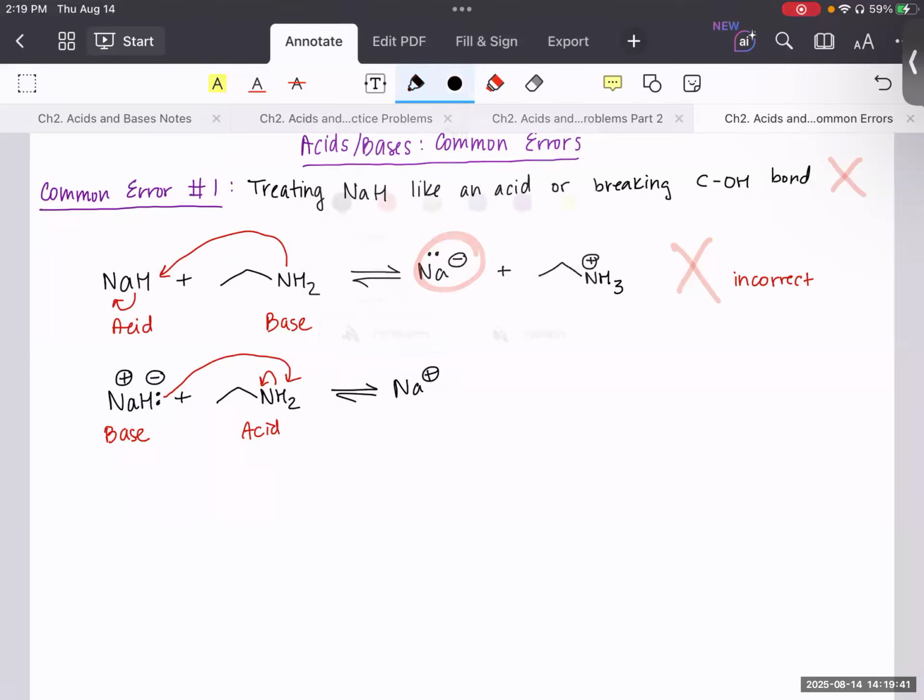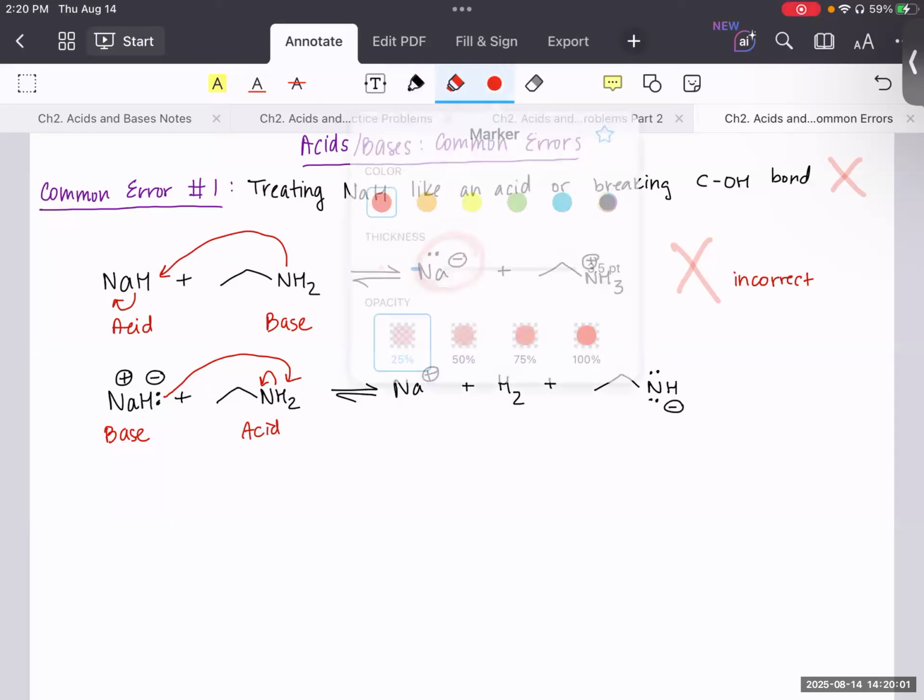The products of this reaction should look something like this, where we have the cation pair for the sodium as Na+. We formed a new hydrogen-hydrogen bond, so we'll get H2. And then we lost a hydrogen bond to that nitrogen and ended up with a lone pair on that nitrogen.